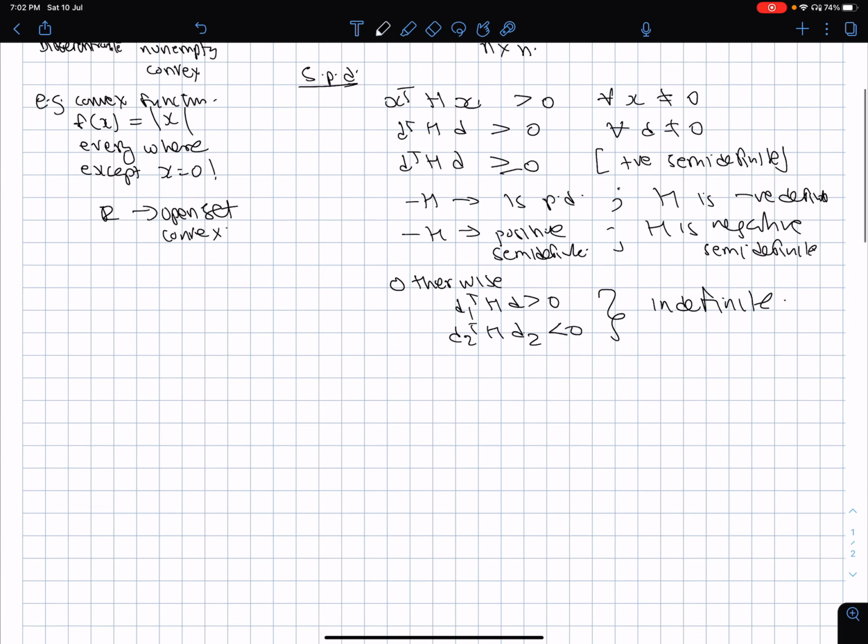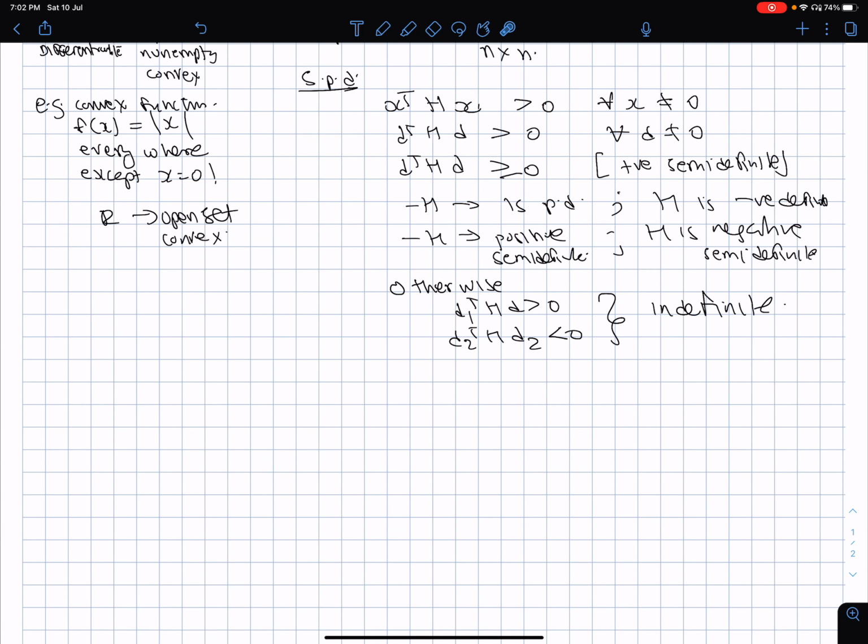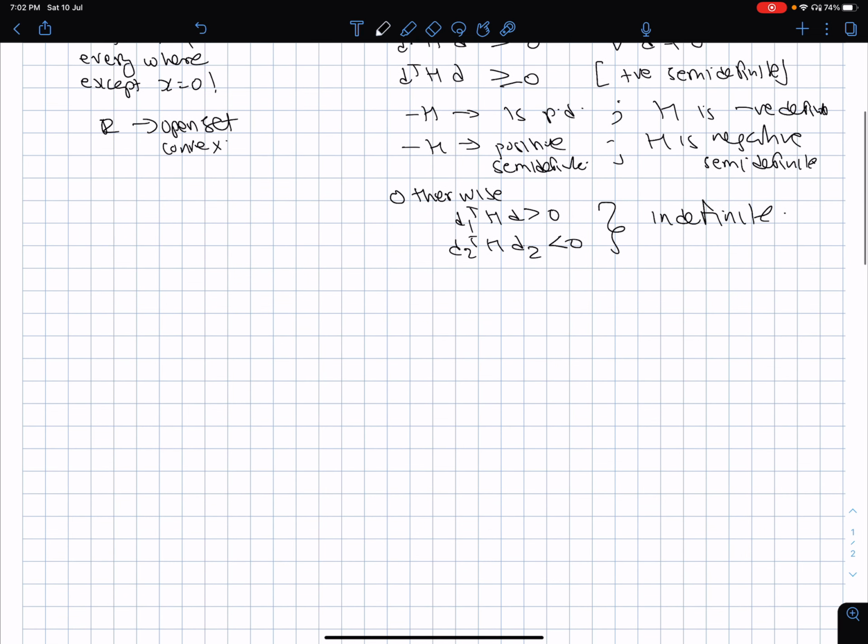Now, of course, you cannot scan all the directions d and check this. So the definition can directly be checked only for some trivial cases. For example, I said last time, let's say this is the identity matrix.